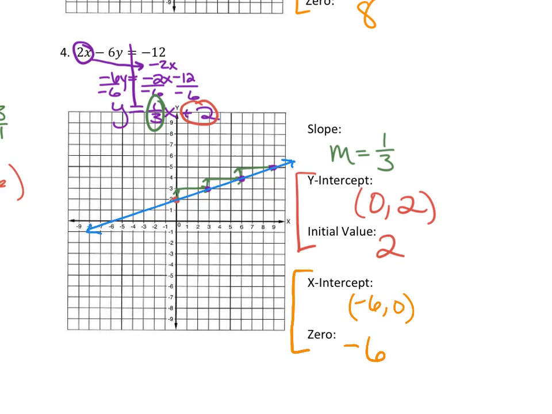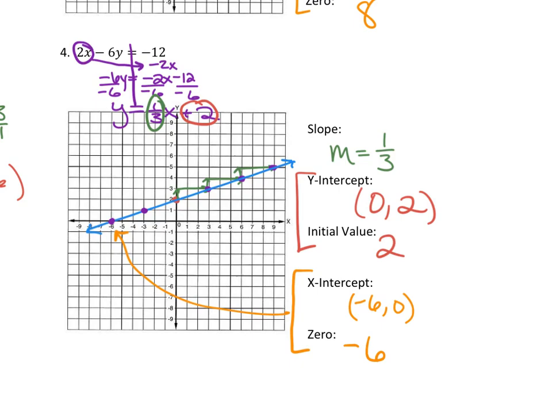So to help that from happening, if you needed to work backwards, instead of going up 1, right 3, you can go down 1, left 3, down 1, left 3, and guarantee by following the same pattern, just working backwards, left and down instead of up and right, that it does cross the x-axis at -6.